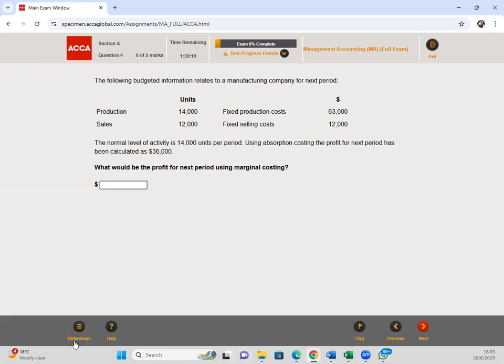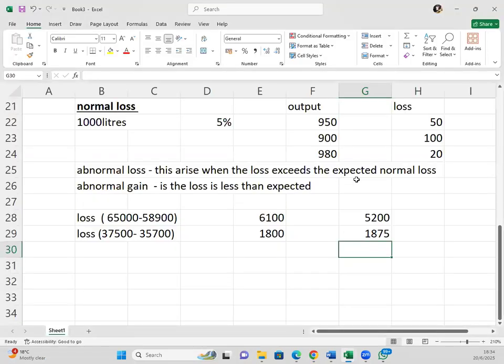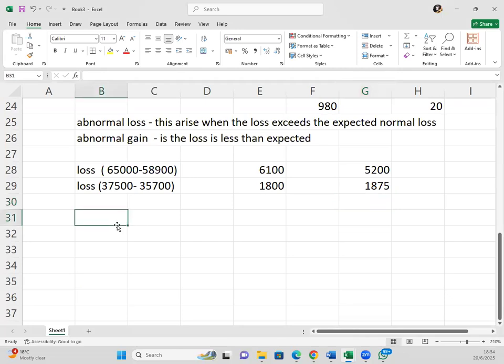So remember, we have marginal and absorption costing. Absorption costing is sometimes called full costing.